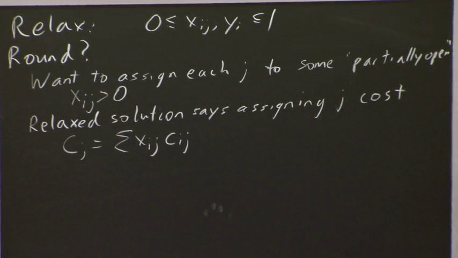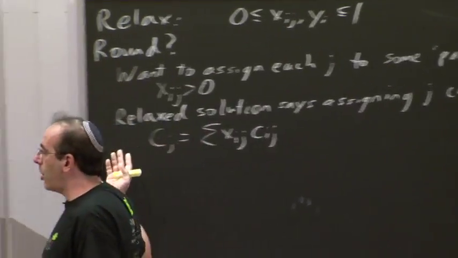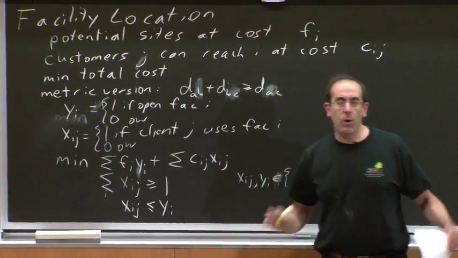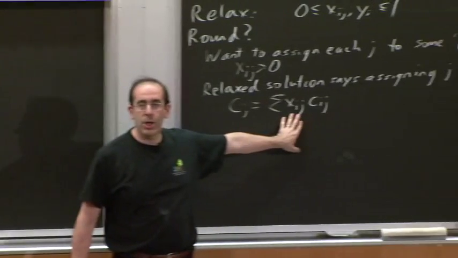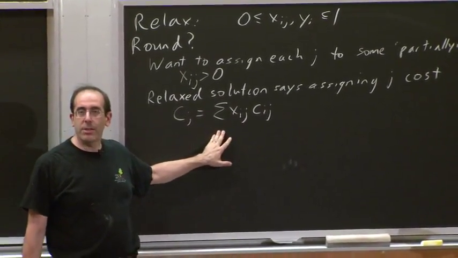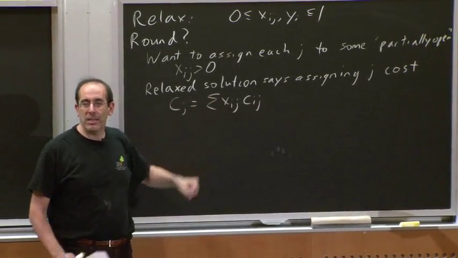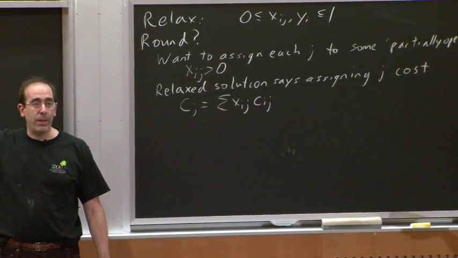So this is the fractional relaxation of the assignment cost for client j. And you'll notice that this is showing up explicitly in the fractional optimum. So according to the relaxation, this is how much it costs to assign client j. If we can round in such a way that this is how much it costs to assign client j, then we're in good shape, right? Because our cost of assignment is tracking the cost that is predicted by the relaxation.